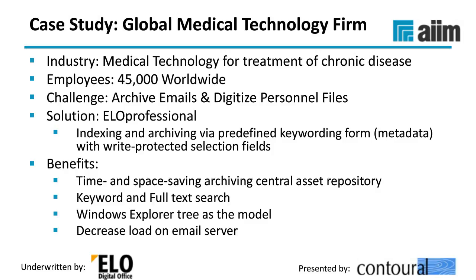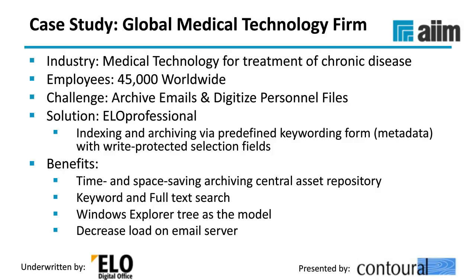That brought to them the ability to do indexing and archiving of email, as well as add keywords or metadata which added value to each of the emails and attachments that were coming in. What was very important to them is that they wanted that information in right-protected selection fields.